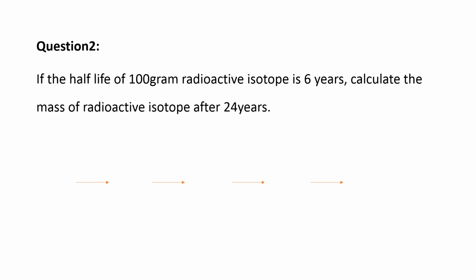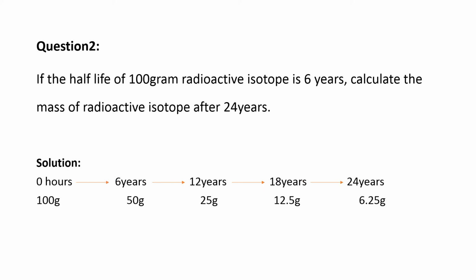Another example for half-life. Question 2. If the half-life of a 100 gram radioactive isotope is 6 years, calculate the mass of the radioactive isotope after 24 years. The solution: remember the original mass is 100 grams. After 6 years, half of the original remains, which is 50 grams. Then after another 6 years, it becomes half of 50, equal to 25 grams.